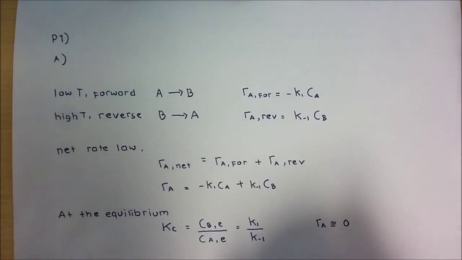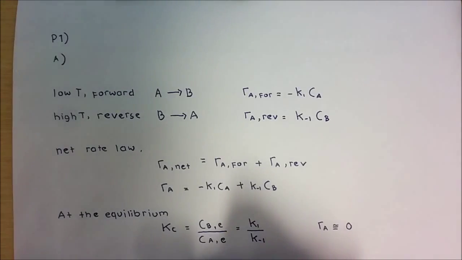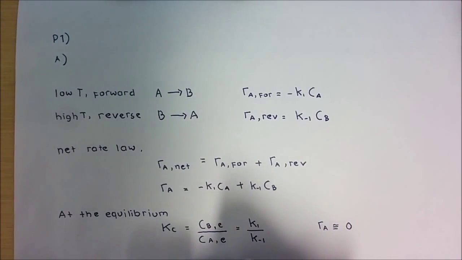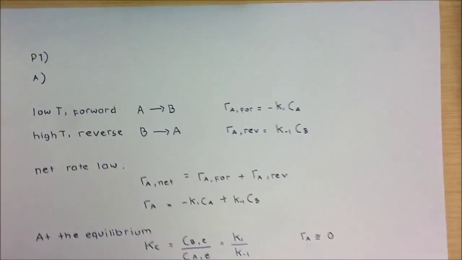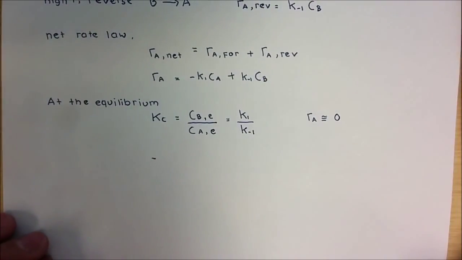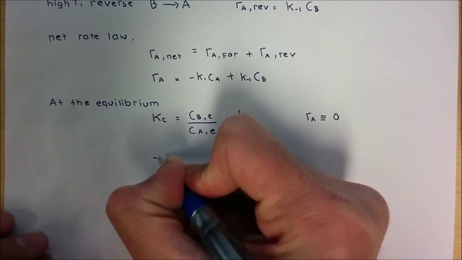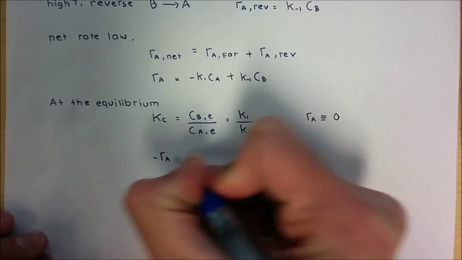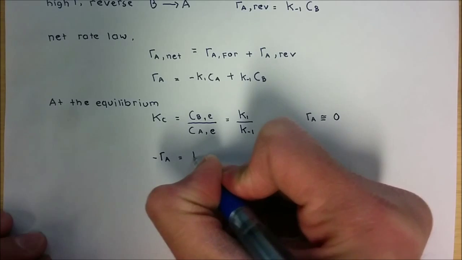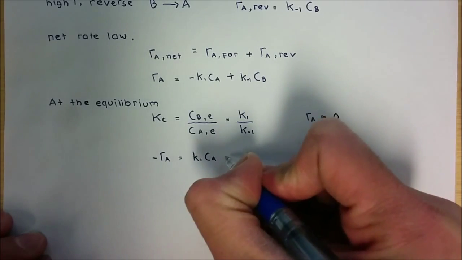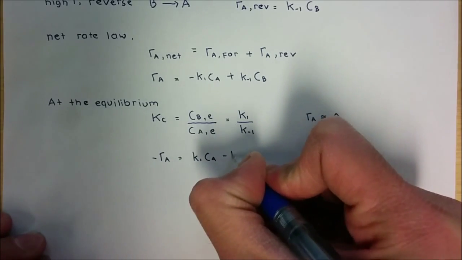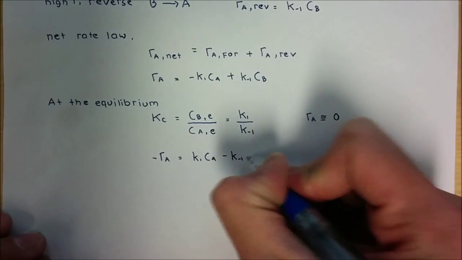So if we go back again to the form of net rate law, we will have negative RA equal to K1 CA minus K minus 1 CB.